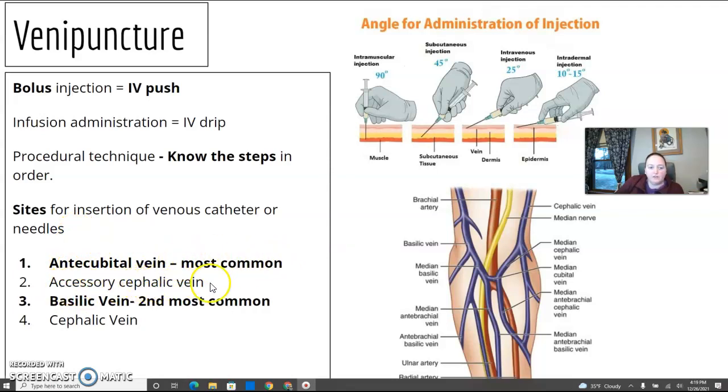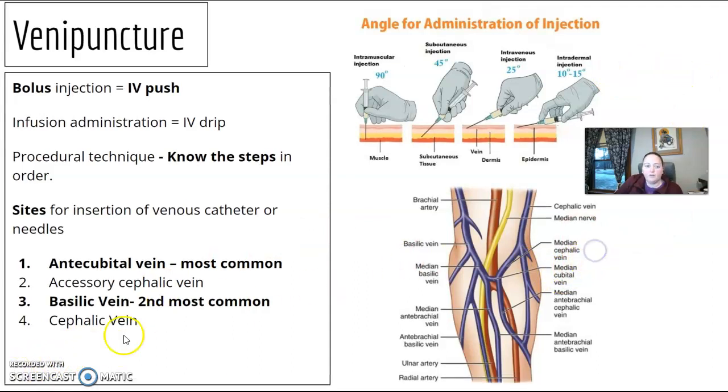The accessory cephalic vein, basilic vein is also the second most common, or the cephalic vein. So knowing your anatomy here would be helpful. And then angle for administration of injection. So 90, 45, 25 versus the 10 to 15. And I think that wraps up all of patient care.